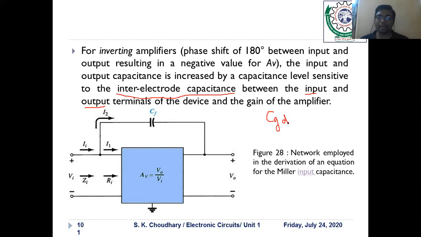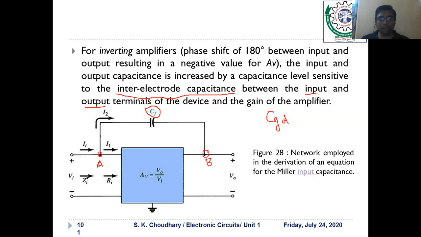That capacitor is shown here as CF, the feedback capacitance, because it creates a feedback network between the output node and the input node. Suppose we name these nodes: A as the input node and B as the output node.